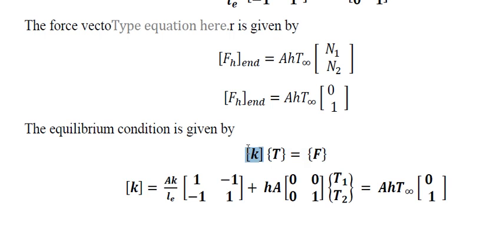The K is the global conductive and convective matrix, the addition of the global conductive and convective matrix, into T is equal to F. This is the conductive matrix, this is the convective matrix. So T1 T2 should be multiplied to both these terms. In fact, I should have written one bracket here.